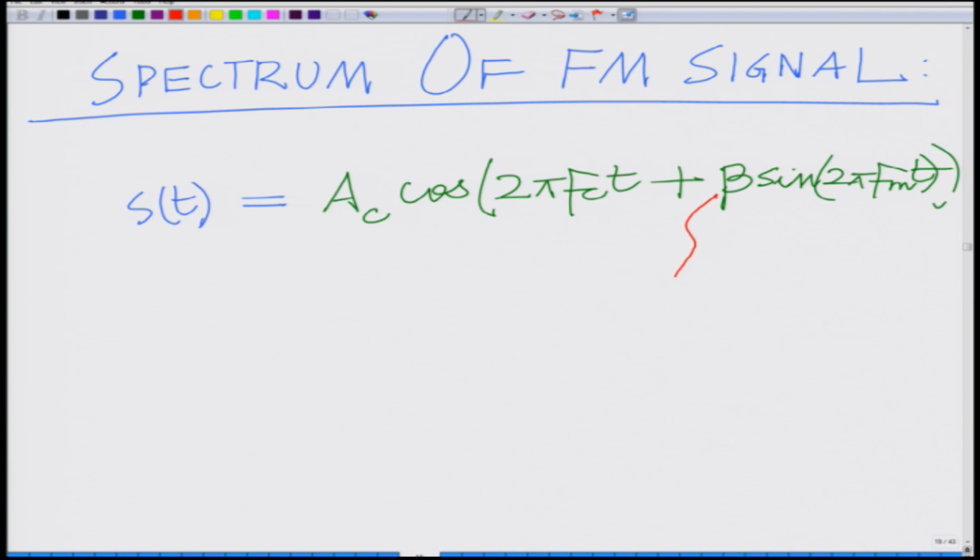So, we have seen this before, beta is the modulation index.